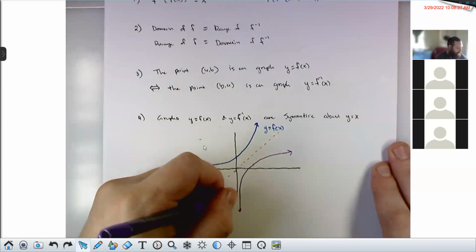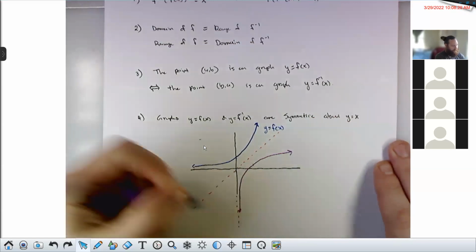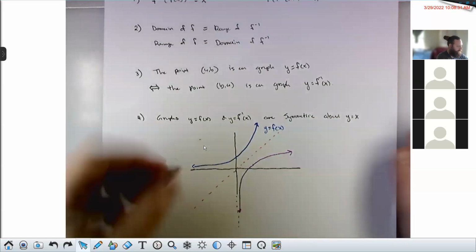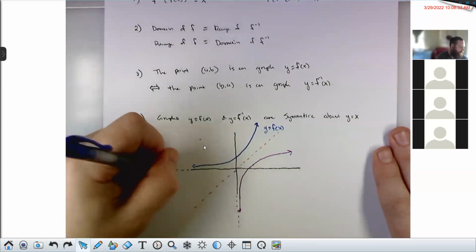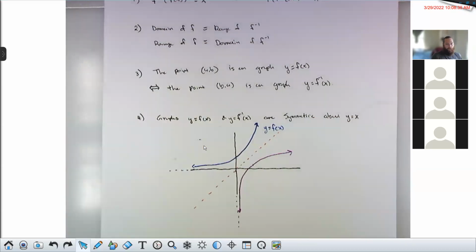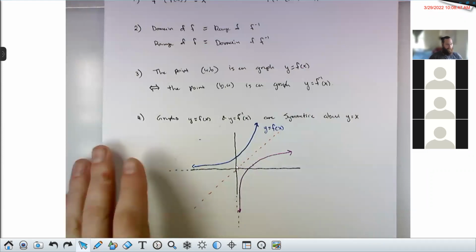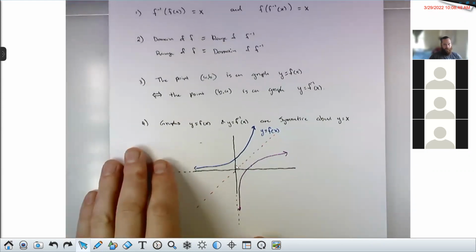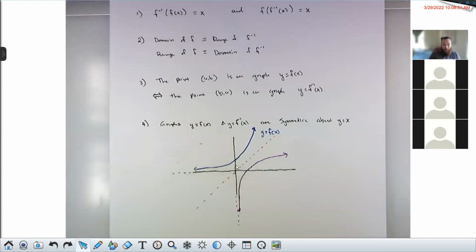The purple function has a vertical asymptote here because the blue function has a horizontal asymptote here. And you notice that if you take any point on the blue and kind of flip it across the red dotted line, you land at a point on the purple. That is precisely that symmetry. So these are the three main facts about inverse functions that I need you to be mindful of as we introduce logarithms.